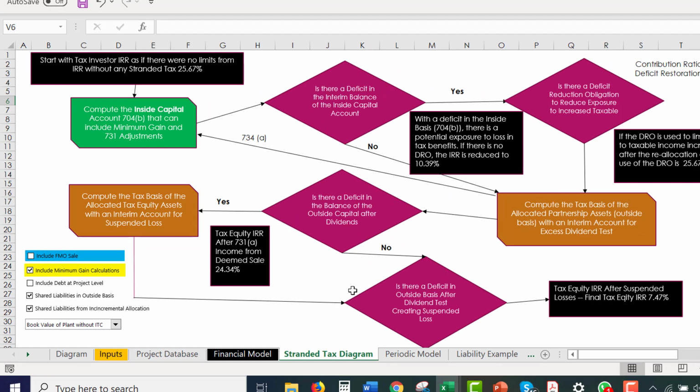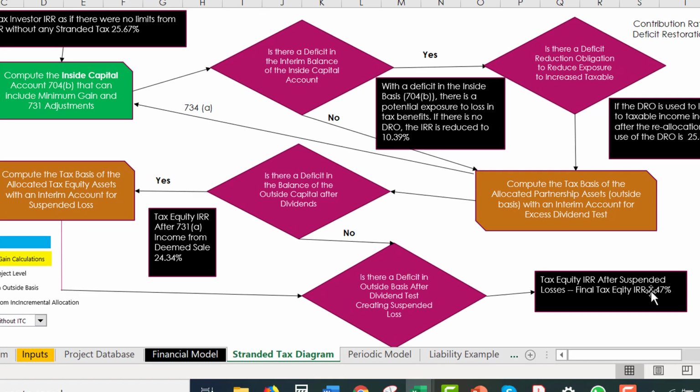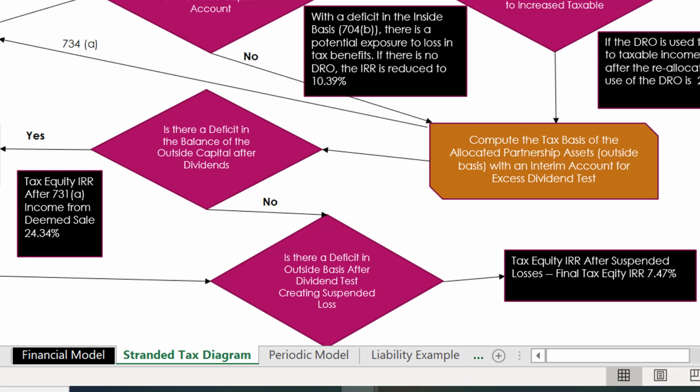The first time I saw this, I said, do I really want to do all this? It's like a net operating loss carry forward, so you can get that money back. That's like a deferred item. But in this case, that causes a gigantic problem. It pushes the return all the way down to 7.47.